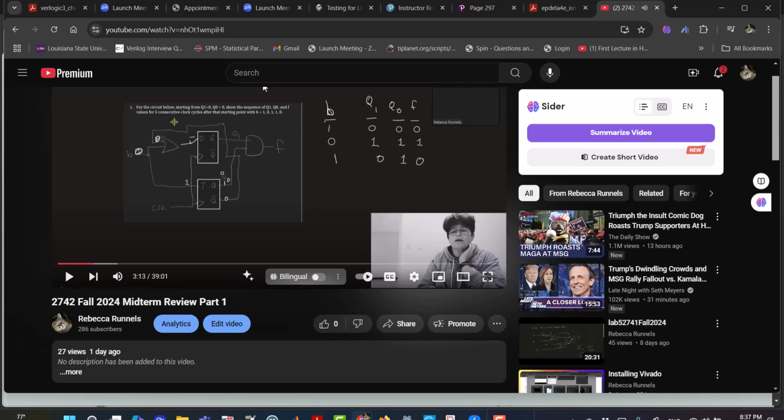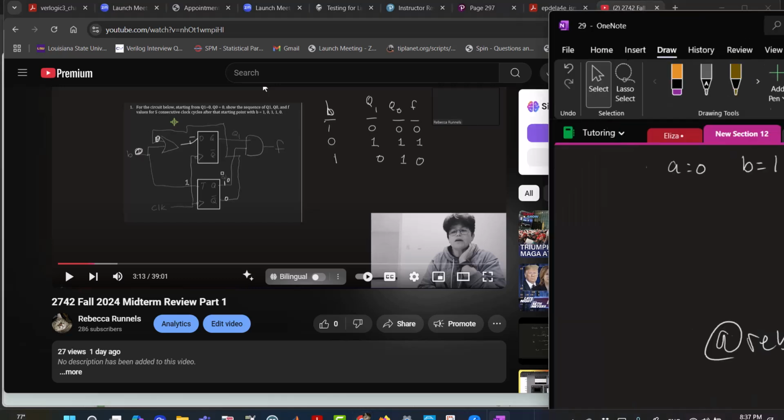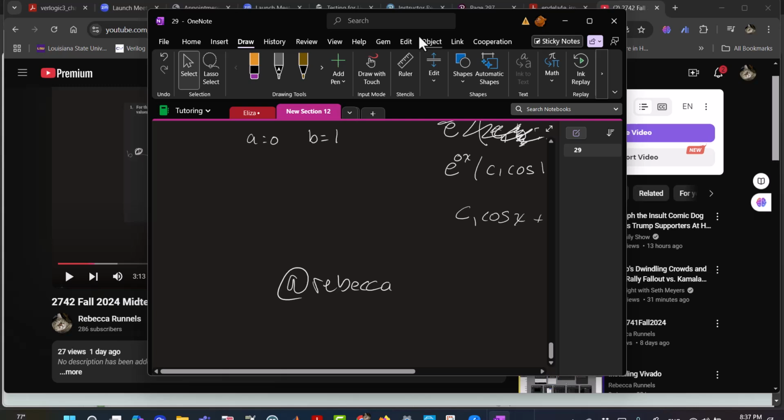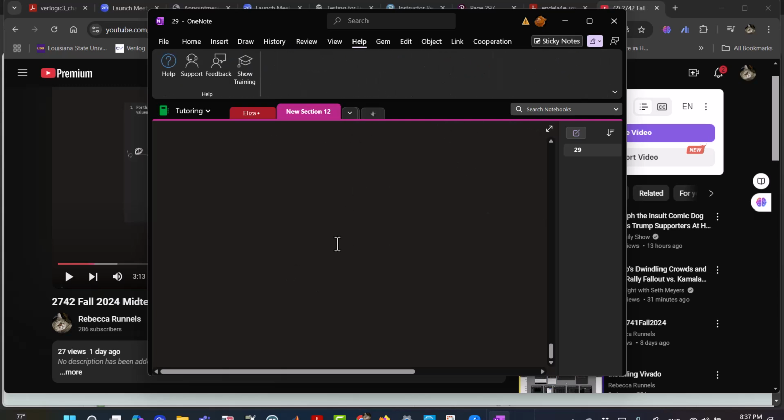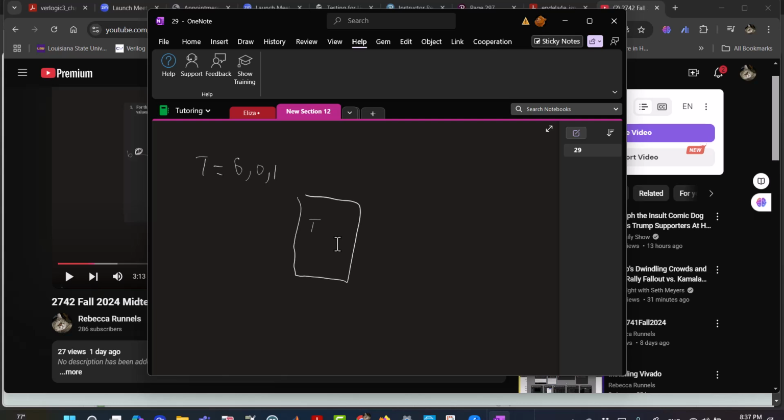Okay, so in general, when I say I want the values that I get on the flip-flop, so if this is a T flip-flop, and let's say my input T equals 0, 0, 1, 1, 0, and Q is initially 0.